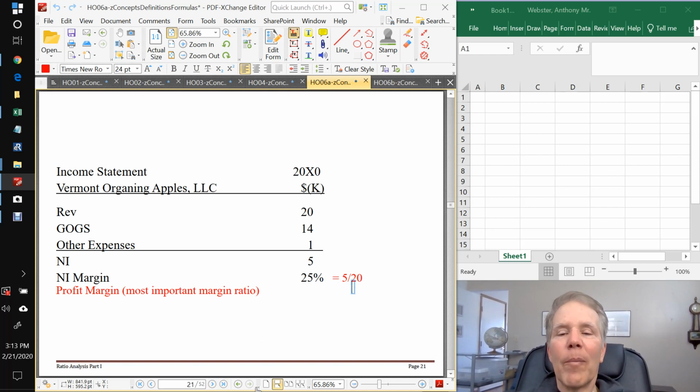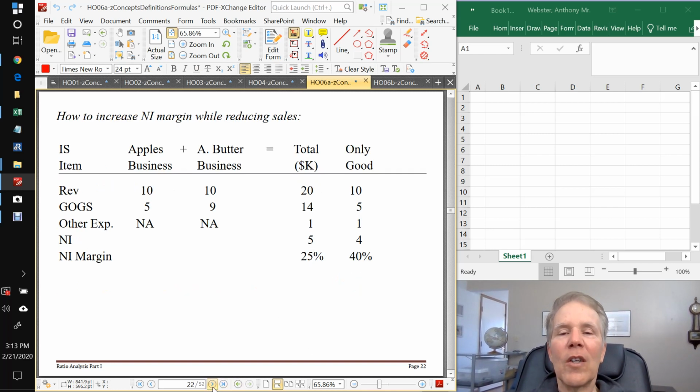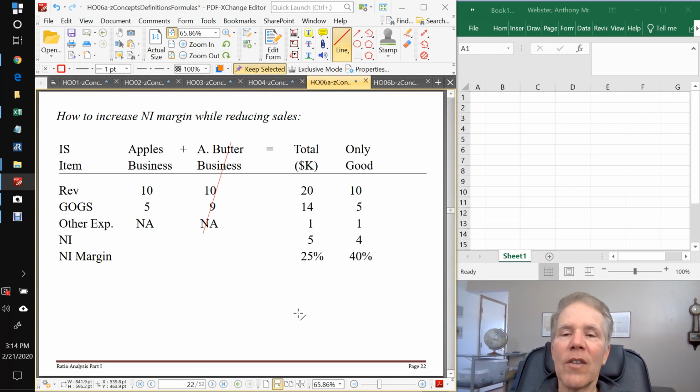In most circles, right? And the erstwhile investment banker did a sum of the parts analysis, noting that they sold apples and they also made apple butter and sold that, and that the profit margin for the apple butter business would be way worse than the apple business. So if they jettison that apple butter business, that's what the investment banker recommends.